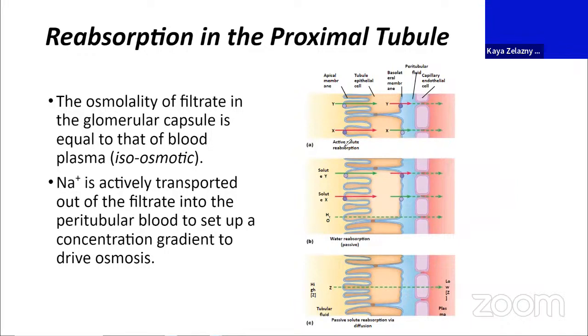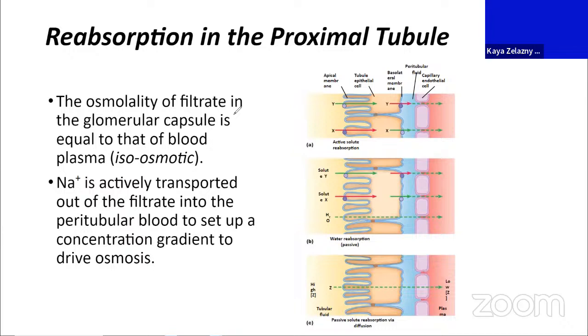All right, so when we have filtrate coming into the Bowman's capsule out of the glomerulus, we're starting out with a situation where we have an isoosmotic setup. So what we're saying there is concentrations of everything in the blood, in the plasma, are the same as the concentrations in filtrate, right?